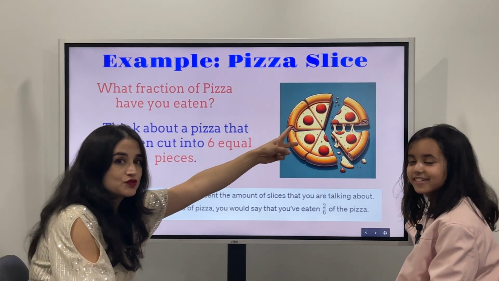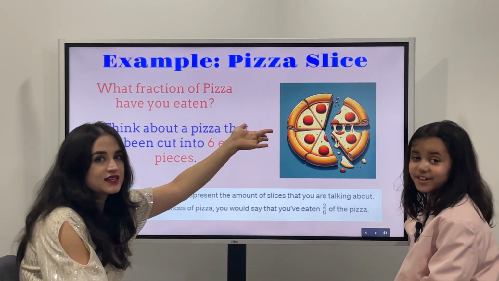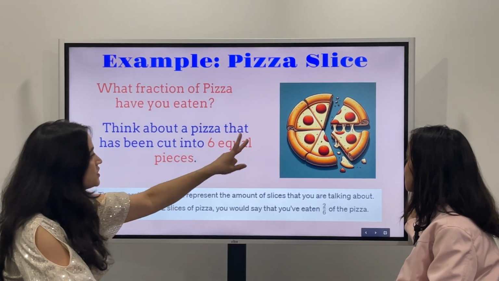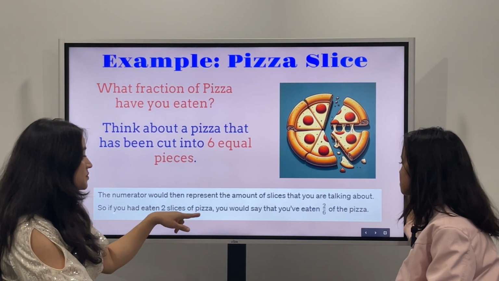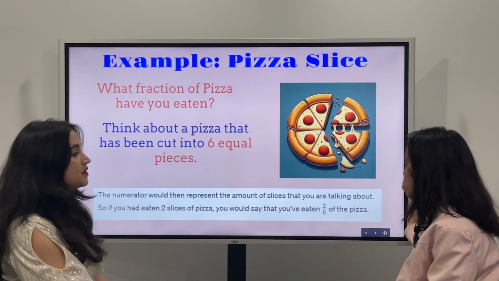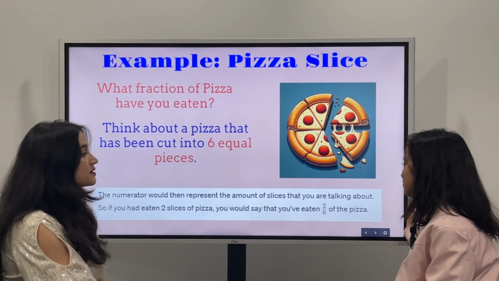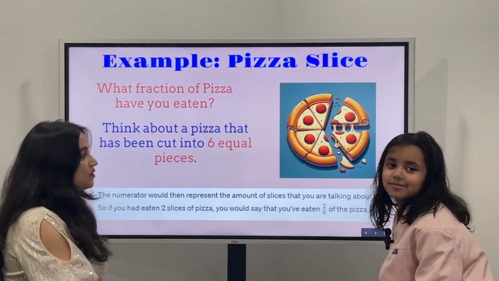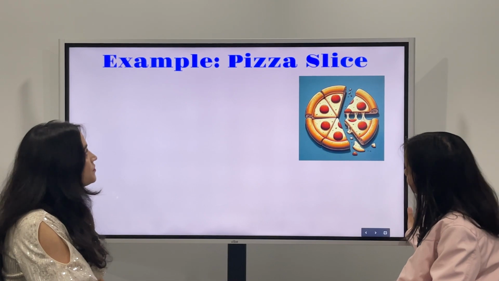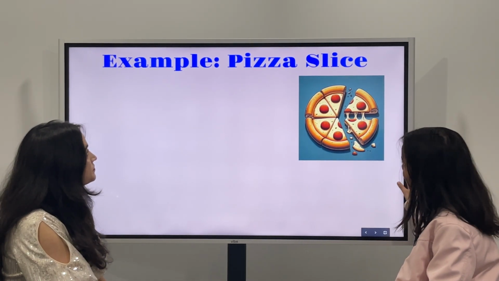Taking is different. So 2 is the numerator, and if you had eaten 2 slices of pizza, you would say that you have eaten 2 out of 6 of the pizza. There you go. Next slide.